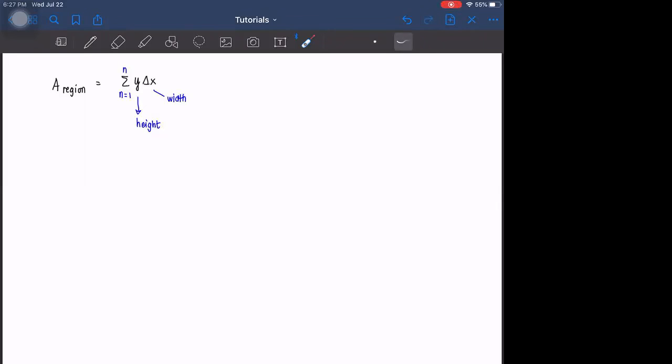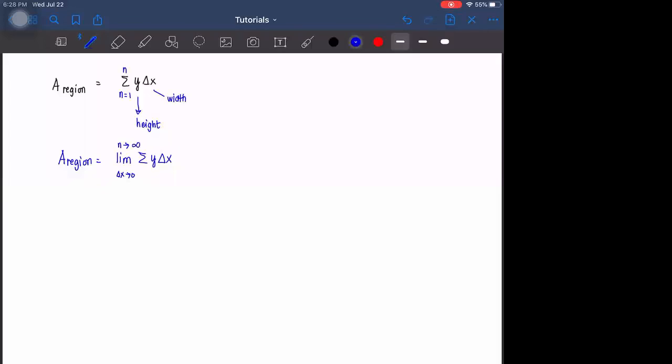So therefore, ang area of the region is equal to the limit. Okay? The limit of the summation of y delta x as delta x approaches 0 and then n approaches infinity.